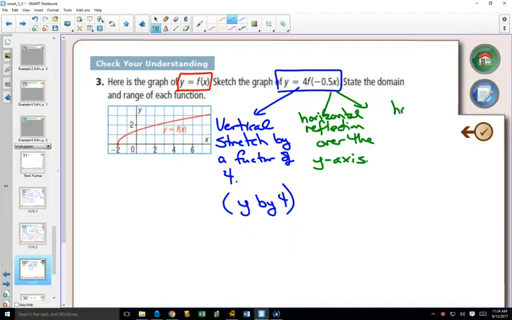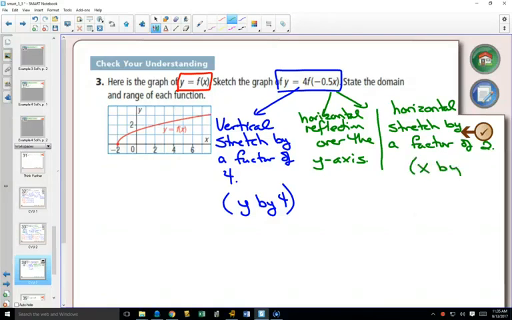And a horizontal stretch or compression. It's going to be a stretch by a factor of 2.